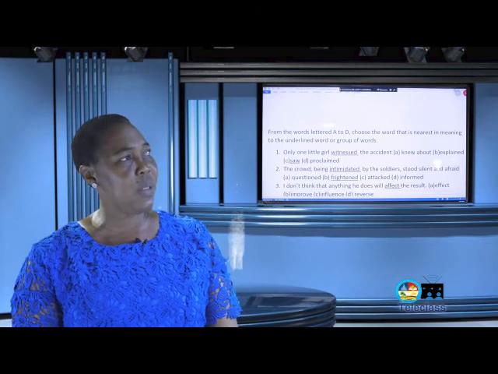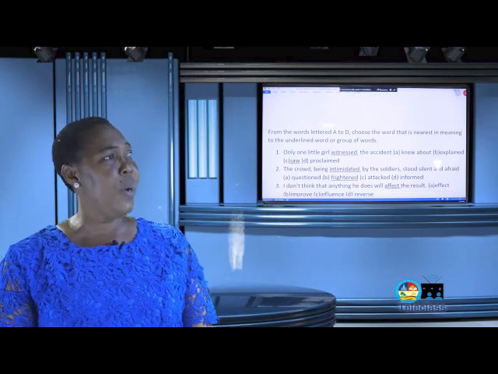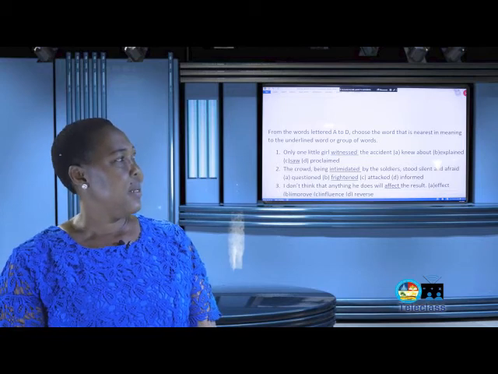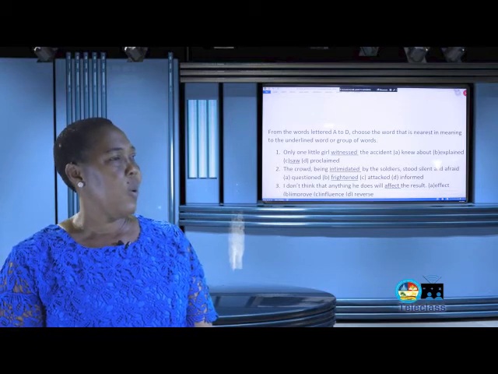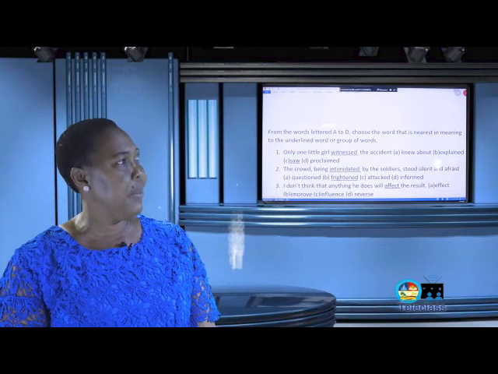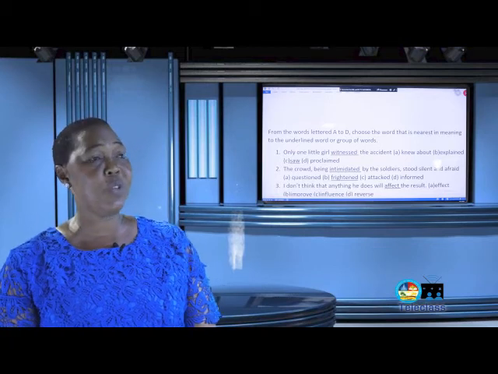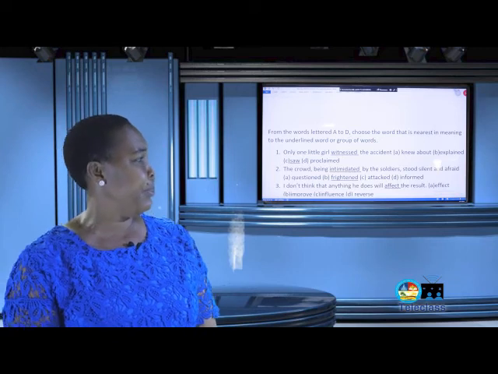The underlined word there is witness. What does witness mean? Let's look at the options. A. Knew about. B. Explained. C. Saw. D. Proclaimed. So the correct answer there is saw, because witness means to see.